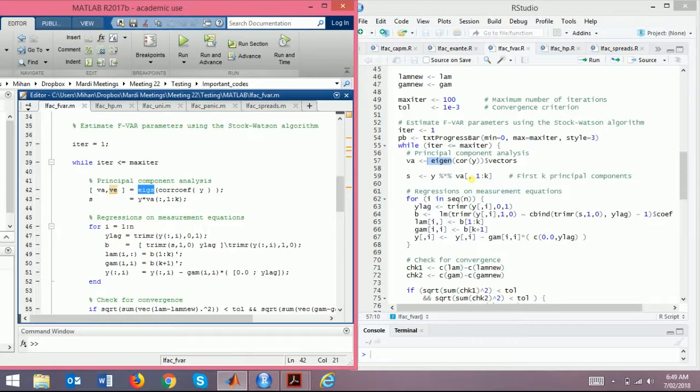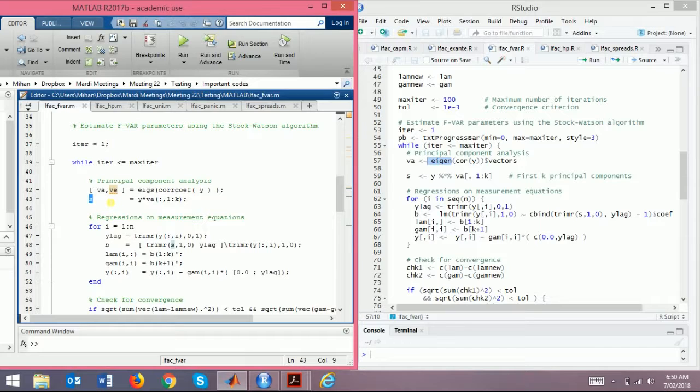However, you run eigen or eigs because we want only the maximum eigenvalues, the k highest magnitudes of the eigenvalues. We are looking for the highest k's. So the highest magnitudes that we have will help us to find S.